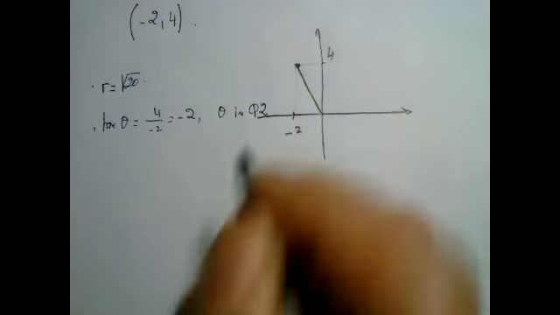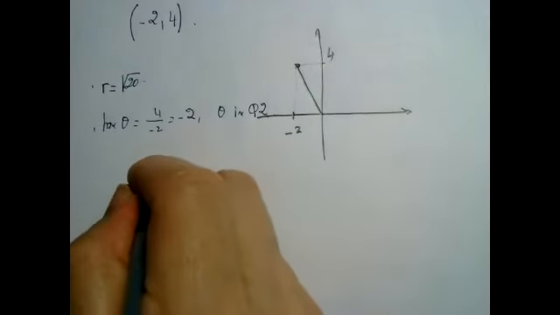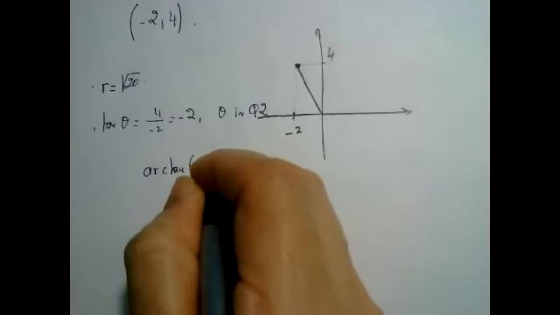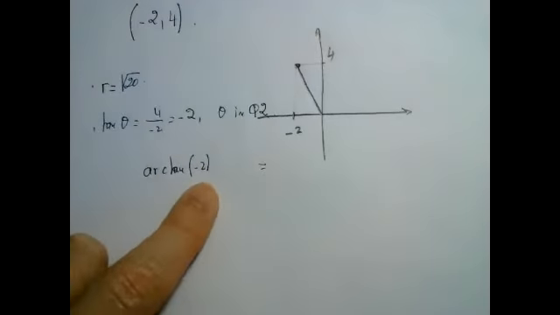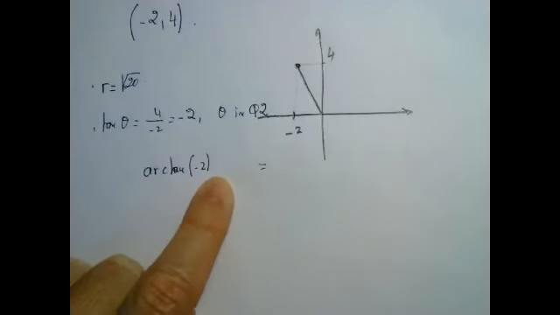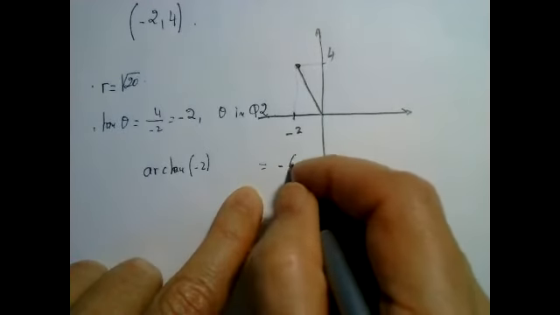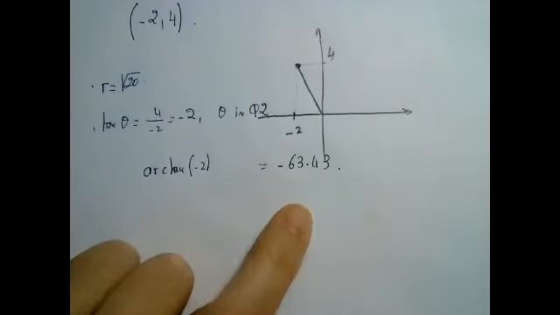My theta is in the second quadrant, so we have to be very careful with that. If I compute arctangent of -2, I'm leaving an empty spot for a reason. Arctangent of -2 is going to give me -63.43. Am I right?